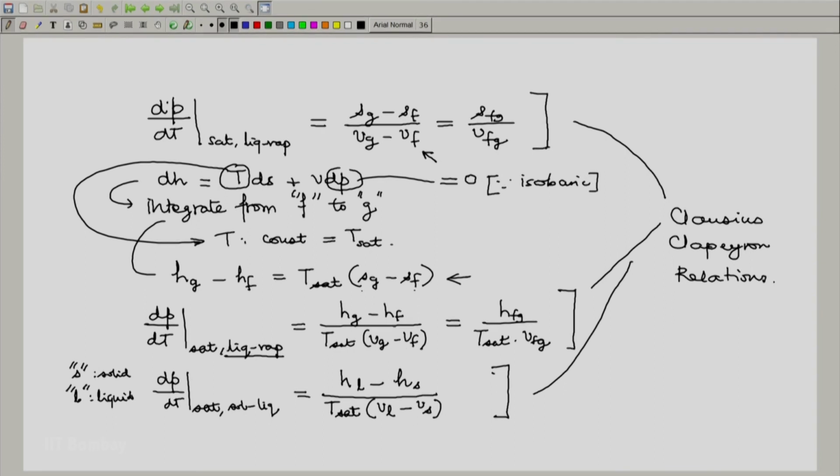The latent heat anyway in the numerator is positive. Similarly, for the solid liquid saturation line, the latent heat is positive, but what about VL and VS? The solid floats over the liquid, and hence VL minus VS is a negative number, and that makes the line turn backwards with a negative slope.